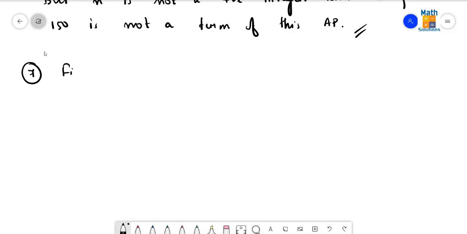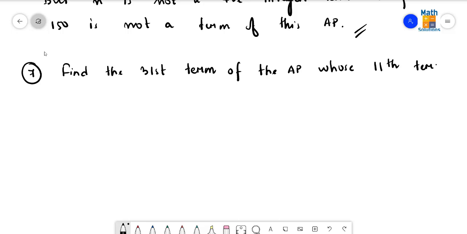Find the 31st term of the AP whose 11th term is 38 and 16th term is obtained to be 73.